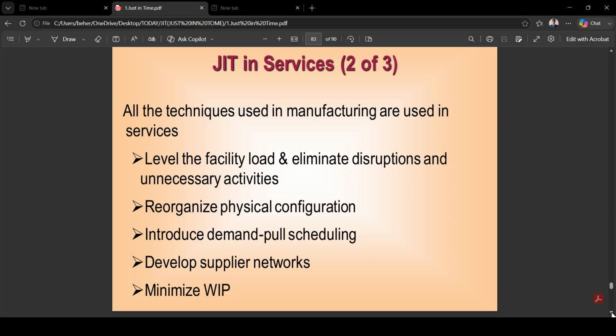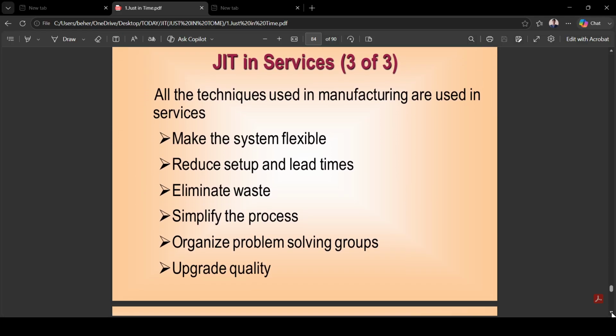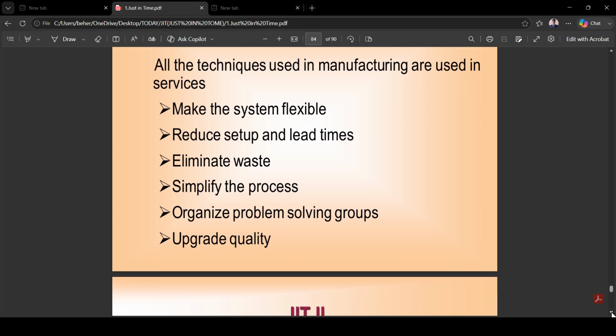Recognize physical configuration, introduce demand pool scheduling, develop supplier networks, and minimize wait. JIT in services: make the system flexible, reduce setup and lead time, eliminate waste and simplify the process, organize problem-solving groups, and upgrade quality.